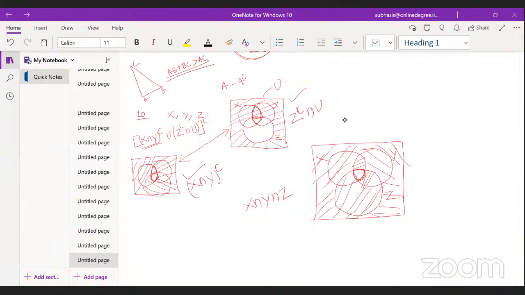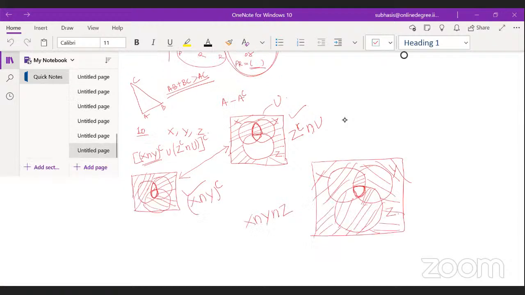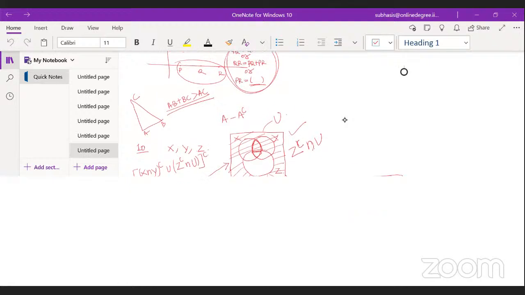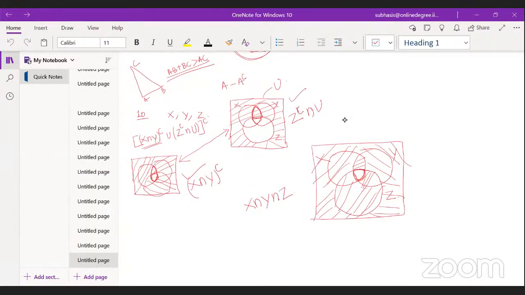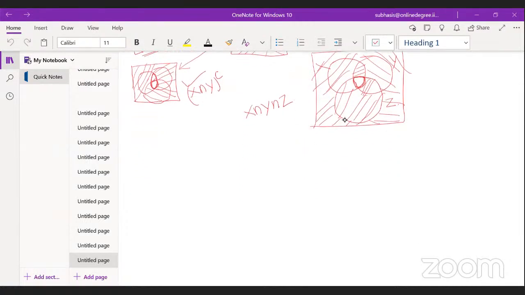You can ask your question directly or you can post it in the chat box. Shweta Jha: Can you explain one-one and onto function with an example? Hello, Shweta? Hello? Shweta, are you here?